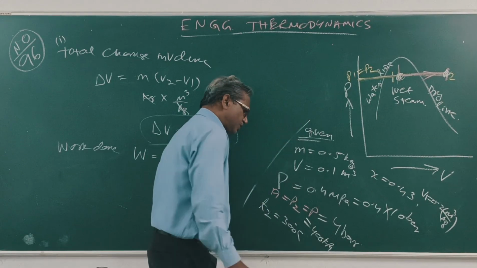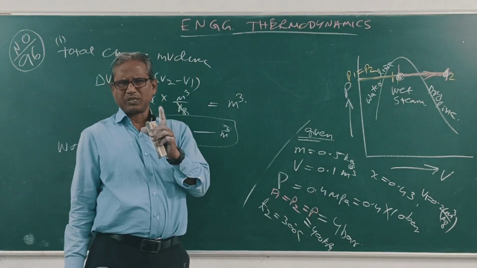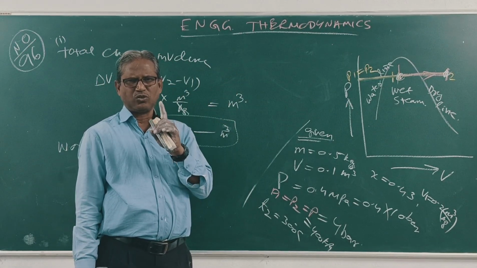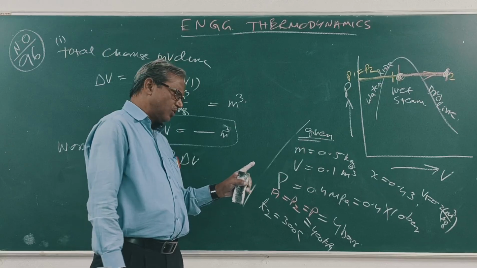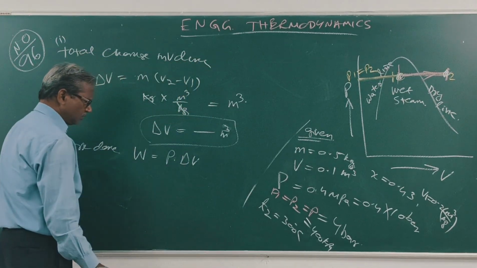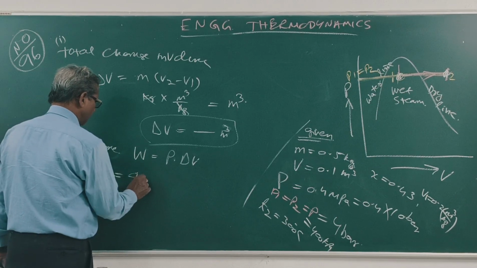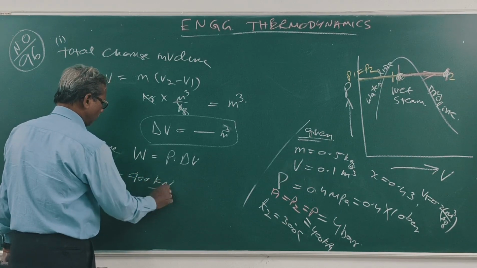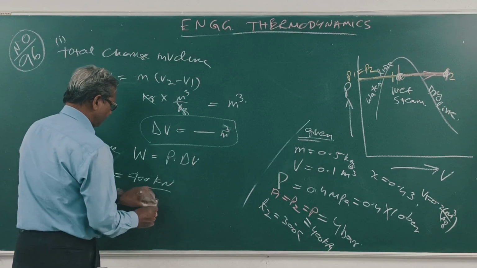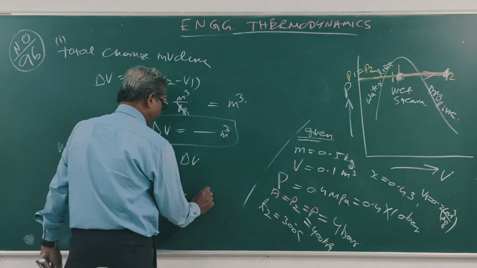I will tell you 1 bar is equal to 100 kilopascal, so 4 bar is equal to 400 kilopascal. So W is equal to 400 kilopascal, kilonewton per meter square, into delta V in meter cube.